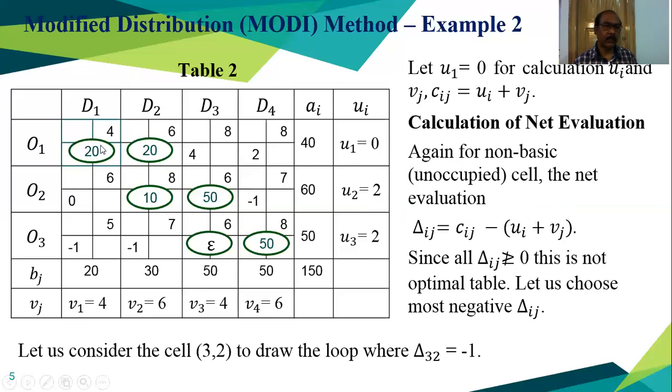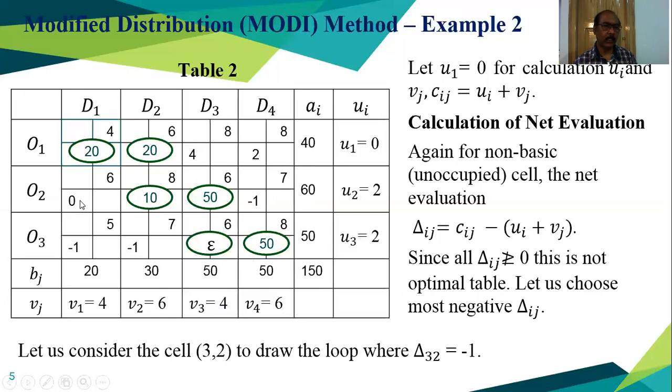See, in the first row, if we consider, this is an unoccupied cell, this is an unoccupied cell. Cost is 8. This is our V3 is 4 and U1 is 0. So 8 minus 4 equal to 4. Here 6 is there. So 8 minus 6 is equal to 2.